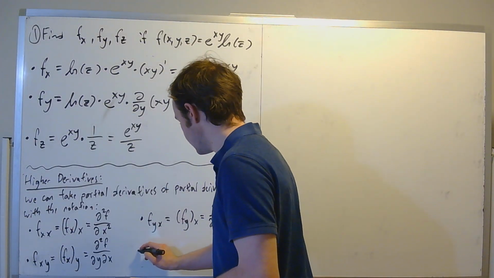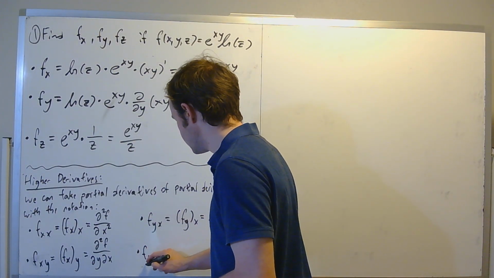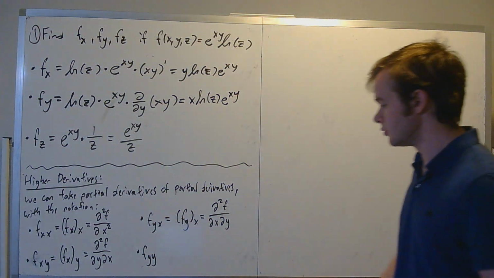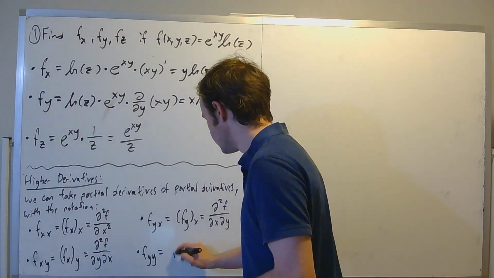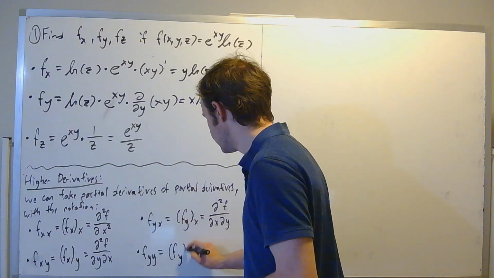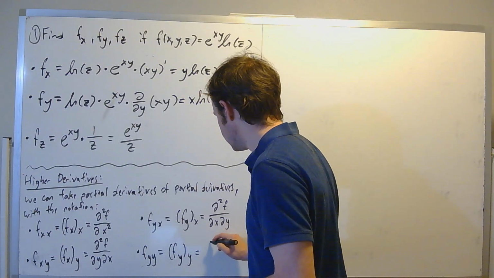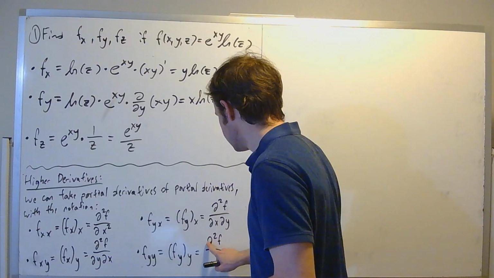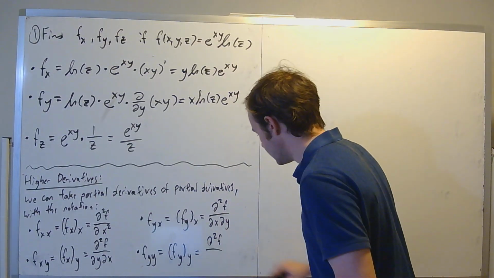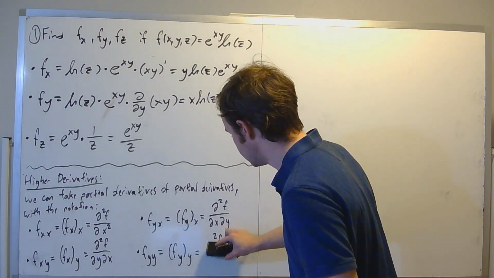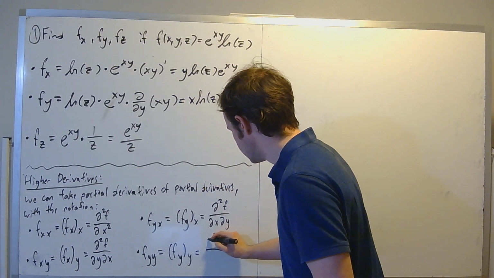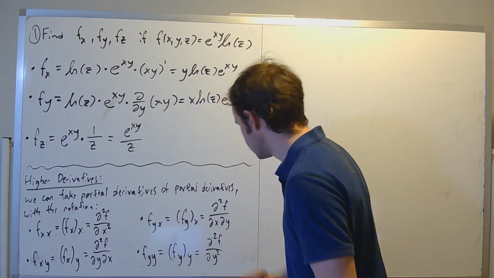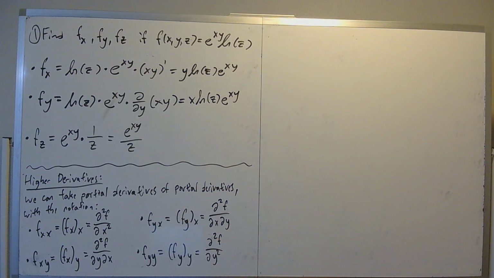And our last option is, let's say we take the partial derivative with respect to y, and then we again take the partial derivative with respect to y. So that's f, y, y, which we can write like this. Oh shoot, I messed this up a little bit. Okay. So that's how we'd write that.